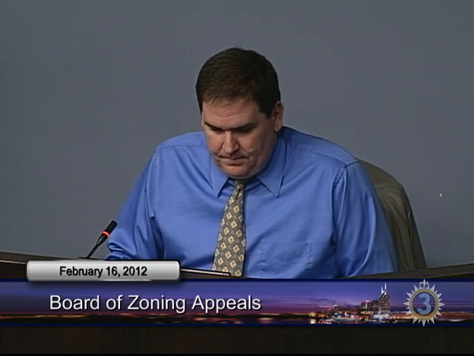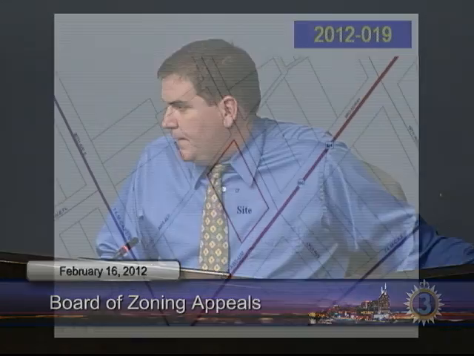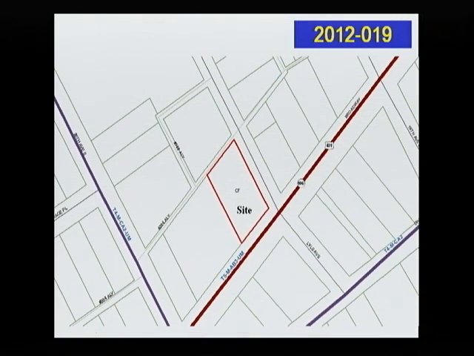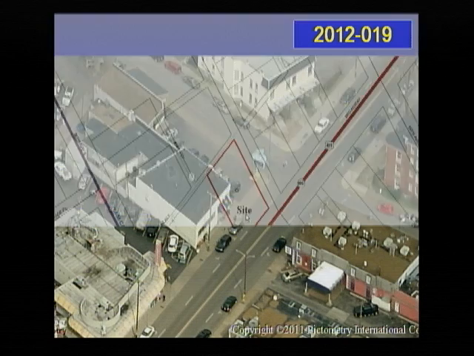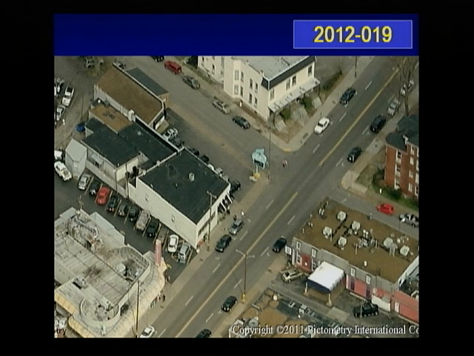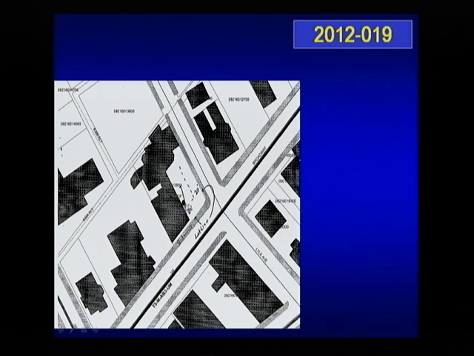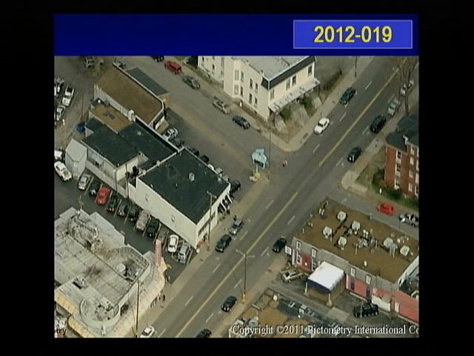Looking for my PowerPoint here. The subject property is located on the north margin of Broadway between Lyle Avenue and 20th Avenue South. It is in the CF zone district. As you see here, from the aerial photograph, the proposed structure would be located along the side of the building, approximately in this location here.